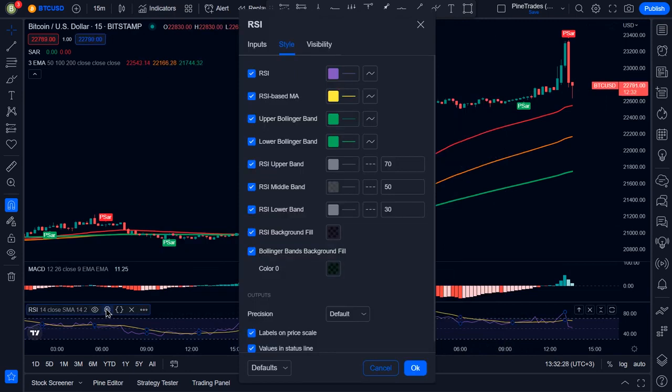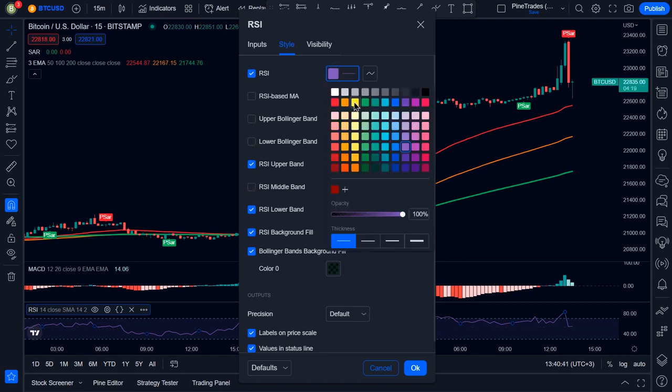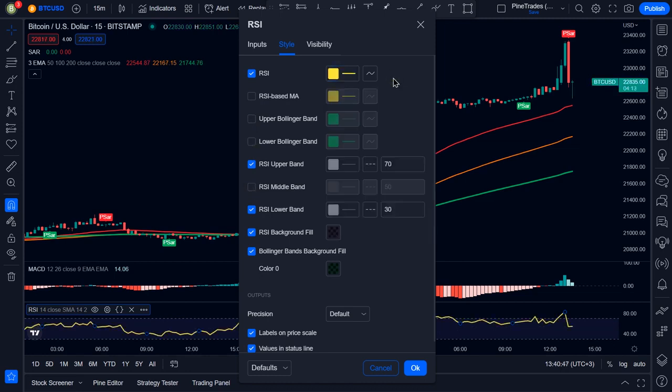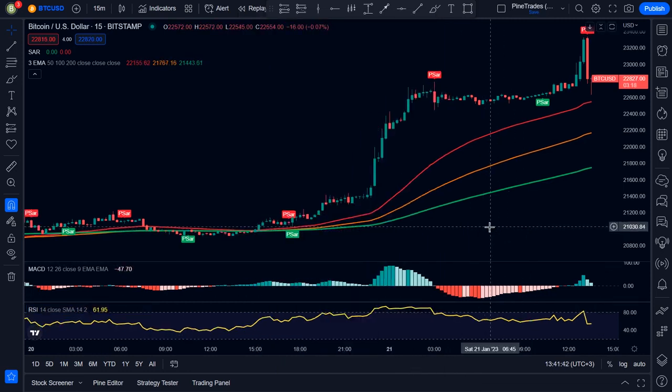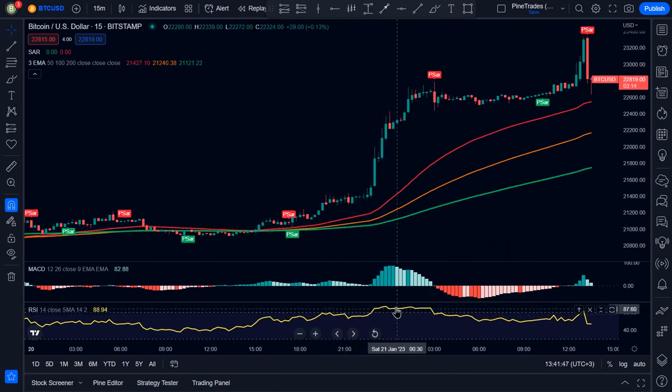Then on the Style tab, you're gonna modify the style settings exactly like I'm doing right now, and then click OK. We will no longer take long trades after the RSI line reaches 80 and above.